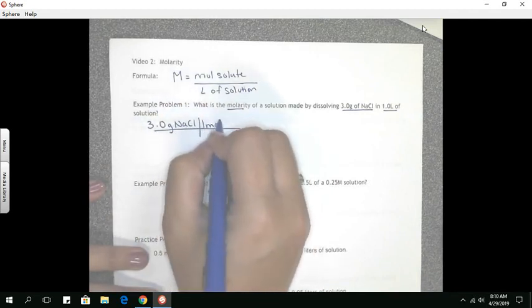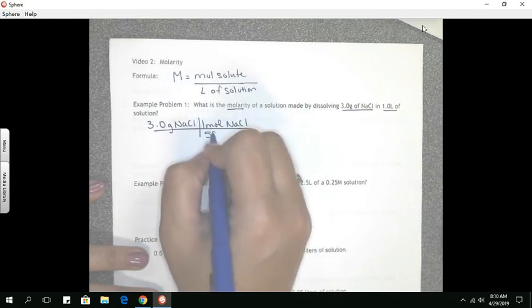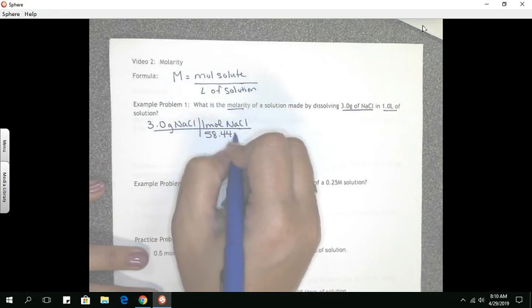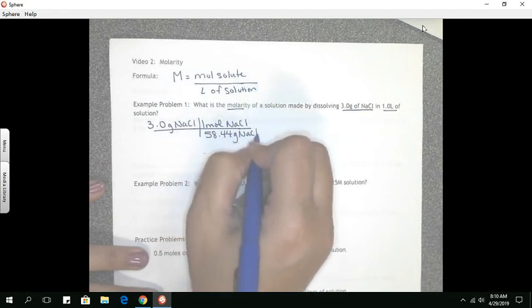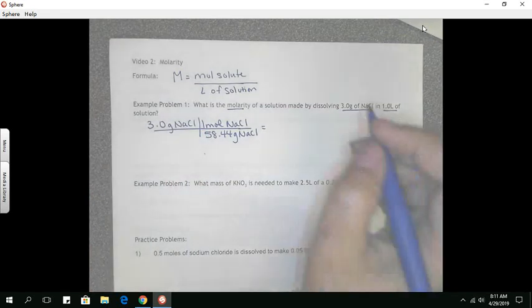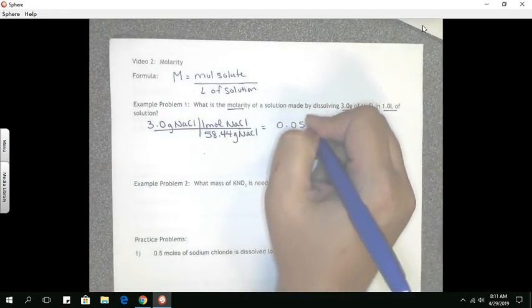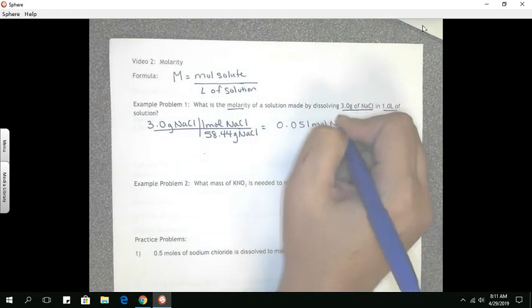So 1 mole of sodium chloride has, we add those up, 58.44 grams in 1 mole. And then we divide, and we get 0.051 moles of sodium chloride.